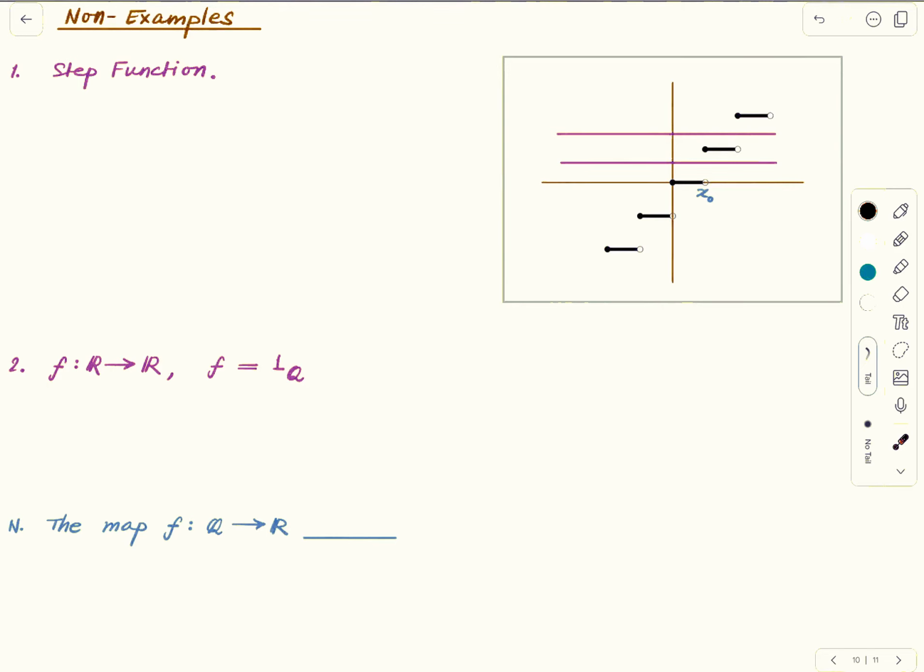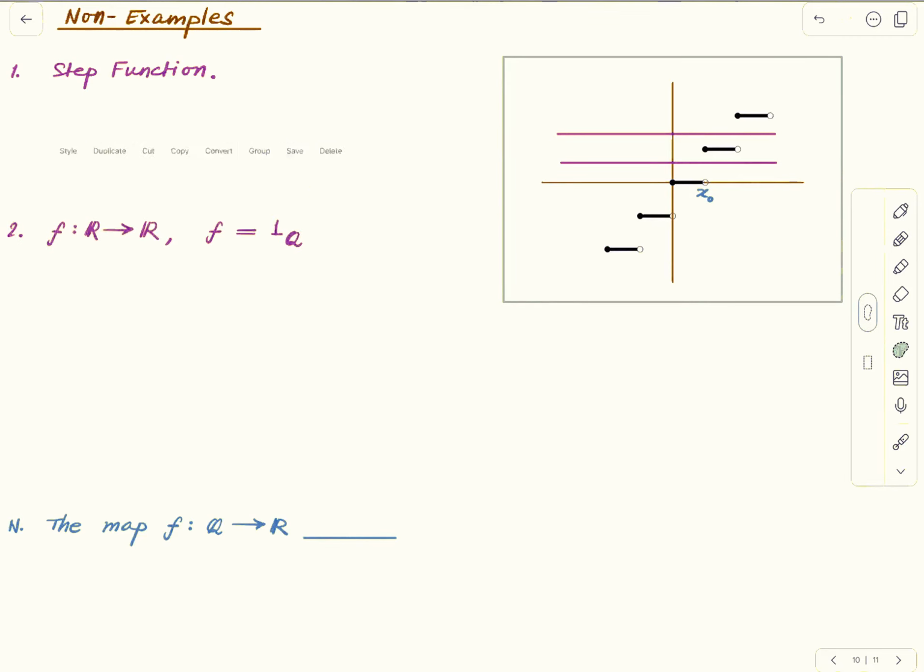Okay. This example is a very standard and famous one. So f is a function from reals to reals, and it is defined this way. What does this mean? It means that f(x) equals 1 if x is rational and 0 otherwise.